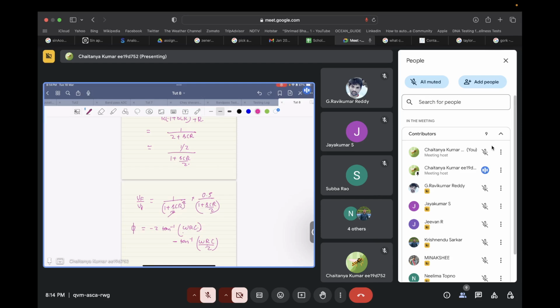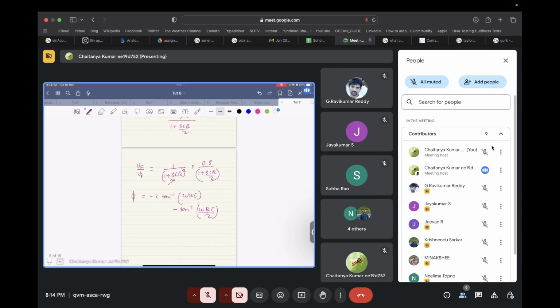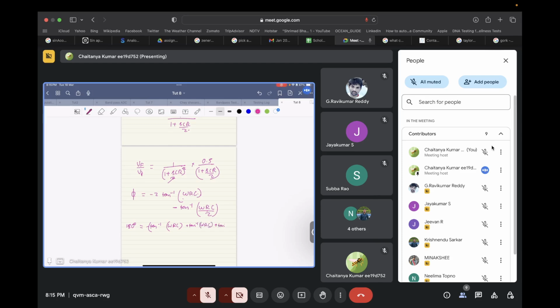So can anyone tell me what is the formula for addition of tan inverses? So we have basically 3 tan inverse. So we have minus of, this should be equal to 180 degrees, minus of tan inverse omega RC plus tan inverse omega RC plus tan inverse omega RC by 2.